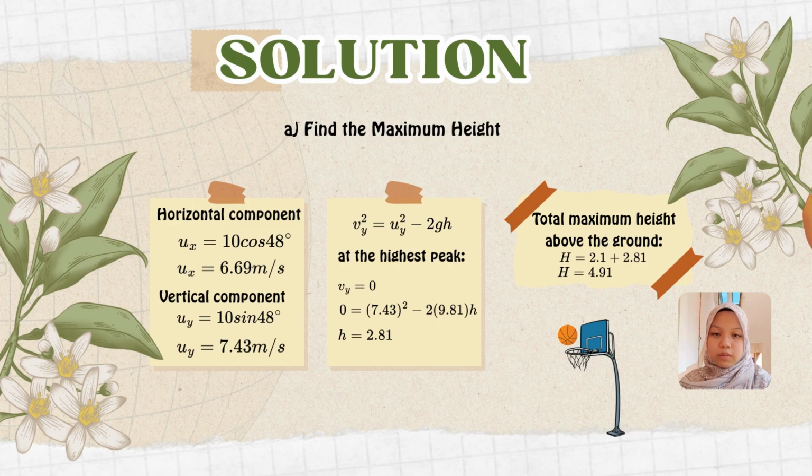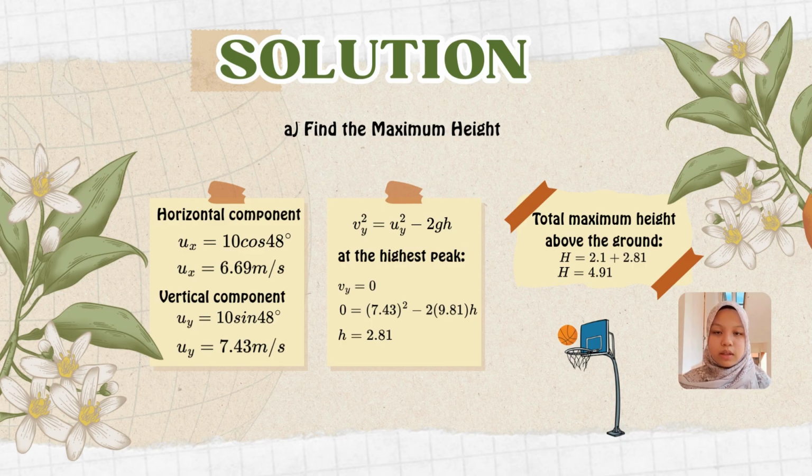And then the vertical component is calculated using sine, which is uy equals 10 sin 48 degrees equals 7.43 meters per second.